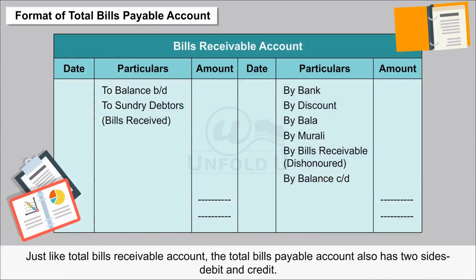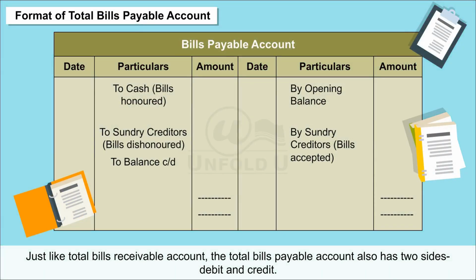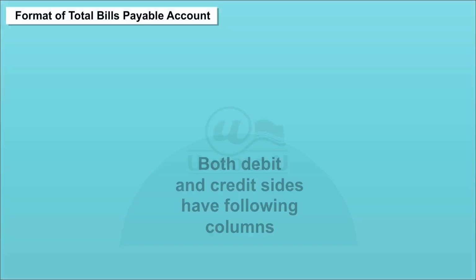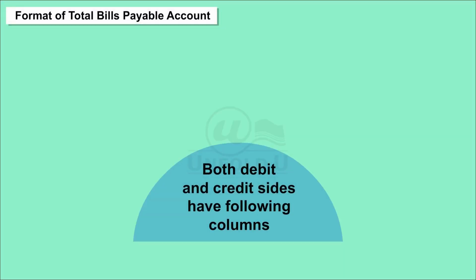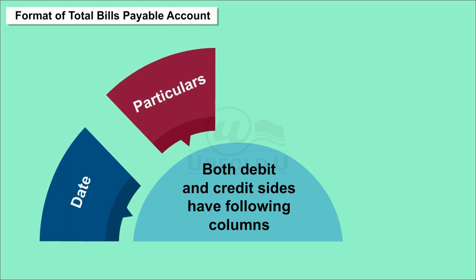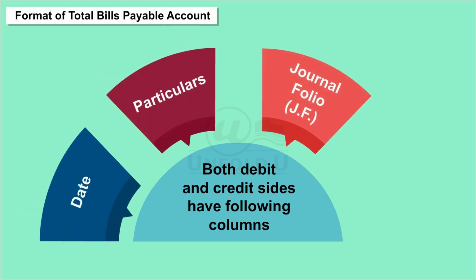Just like total bills receivable account, the total bills payable account also has two sides, debit and credit. Both debit and credit sides have the following columns: date, particulars, journal folio, JF, amount.